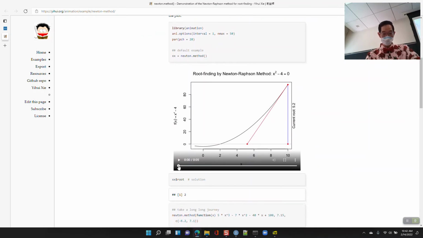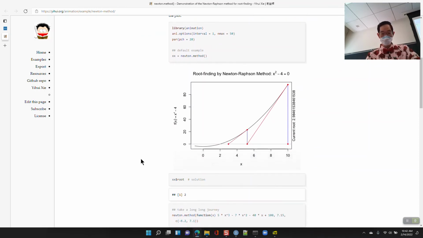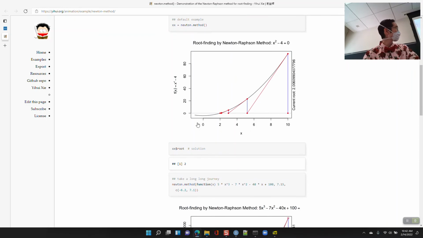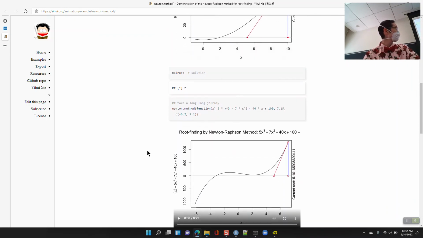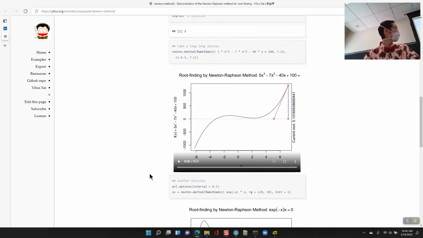Here's a well-behaved Newton-Raphson example. This converges nicely. But here is one where it goes here, and it comes here, and it goes here, and it comes here, and then it ends up here.